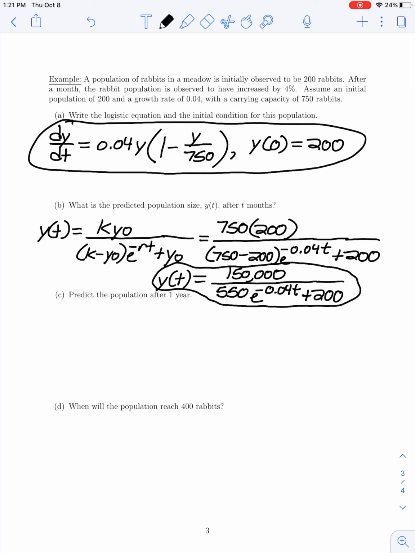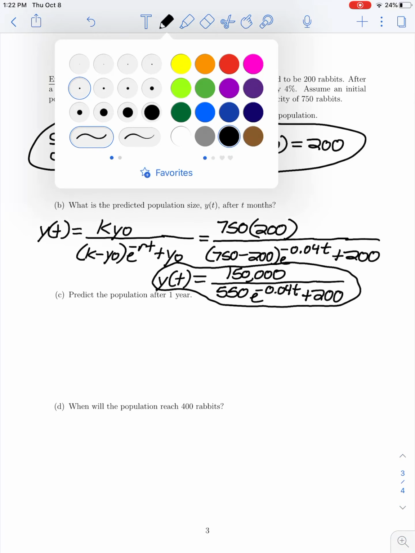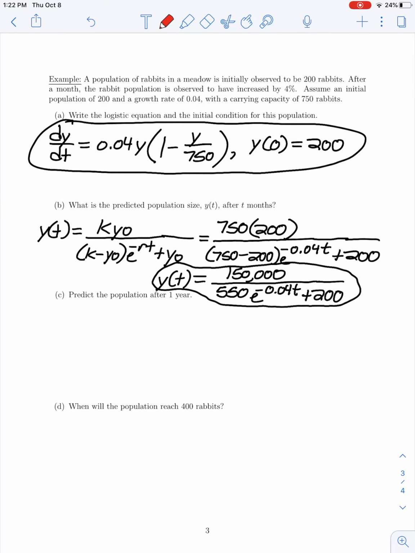Now, in part C, we're asked to predict the population after 1 year. So let's be a little bit careful with our value of t. Recall that our growth rate was measured in terms of growth per month. We noticed that after 1 month, the population increased by 4%.